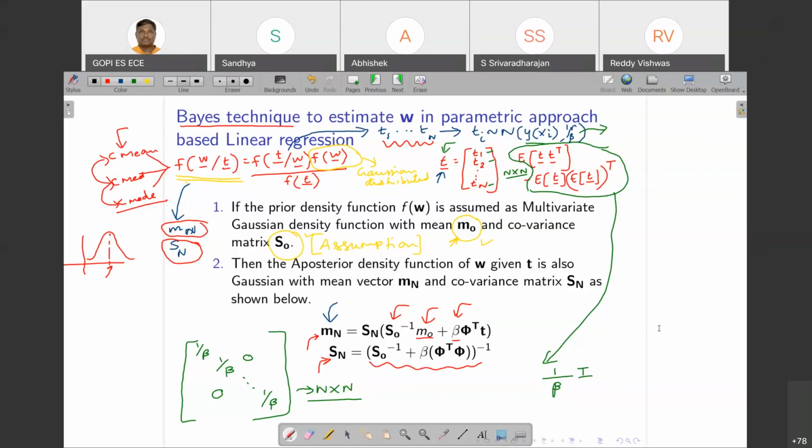Can you guess? Which one is Gaussian, Sanjay? No, no, I am asking, yeah, Mn.